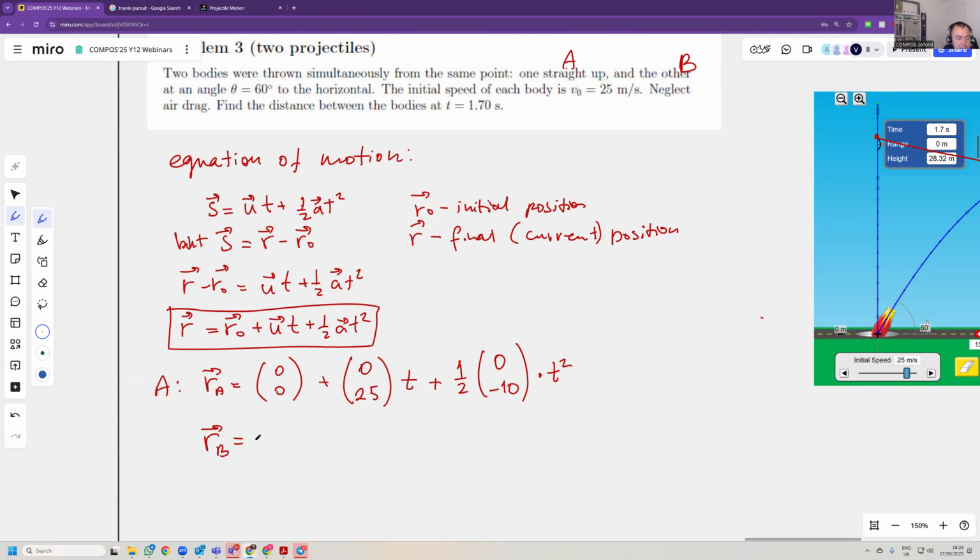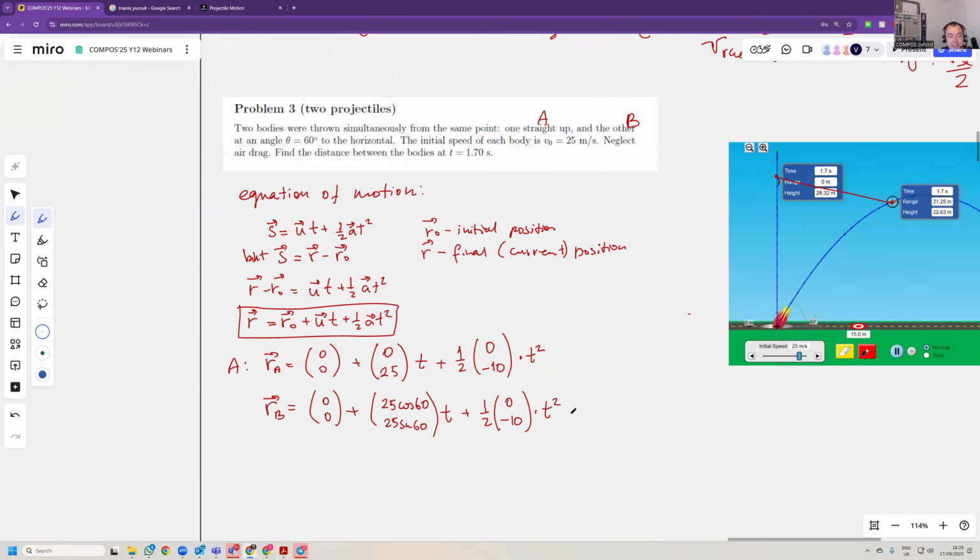RB is the initial position, so 0, 0, plus the initial velocity. It is shot at 60 degrees to the horizontal, so it's going to be 25 cos 60 and 25 sine 60. That's the horizontal and vertical velocity times time, plus 1/2, 0, minus 10, the acceleration is the same, multiplied by t squared.